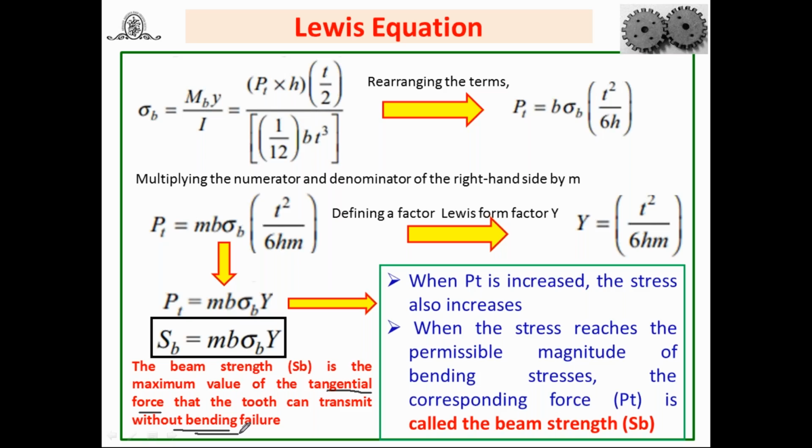This is the proper definition of SB. Try to understand. Therefore, PT is replaced by SB. So you can say this is the Lewis equation: SB is equal to M B sigma B into Y. Okay, I hope you understood this.